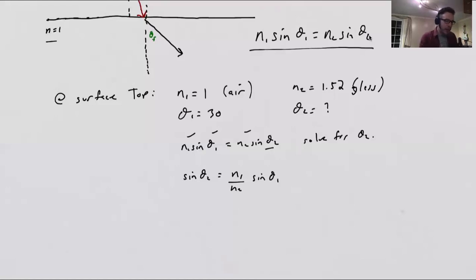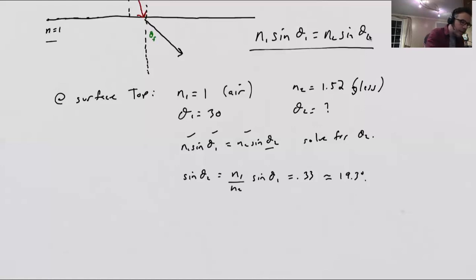Okay, let's get out our calculator. We take 1 and we divide it by 1.52, and we multiply that by the sine of 30 degrees. And that's going to be 0.33. And then we take the inverse sine to resurrect the angle, and that gives us about 19.3 degrees.